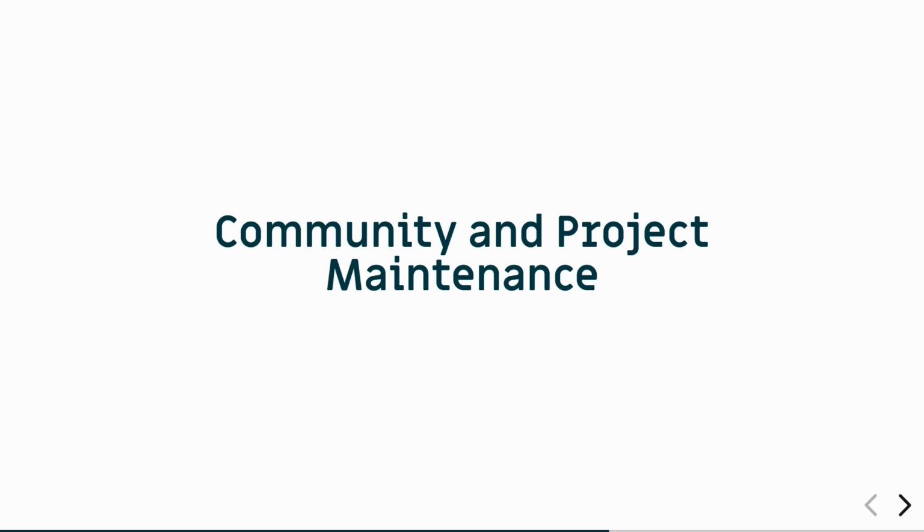And all these tools and software are just one aspect of the project. But the project is being held together and advanced by a community and a lot of maintenance effort. So let me talk a little bit about that as well.